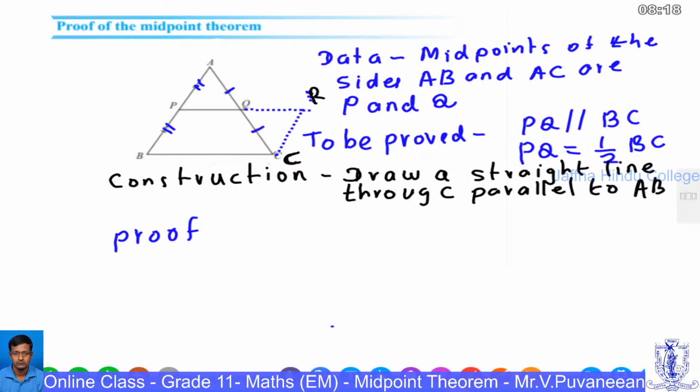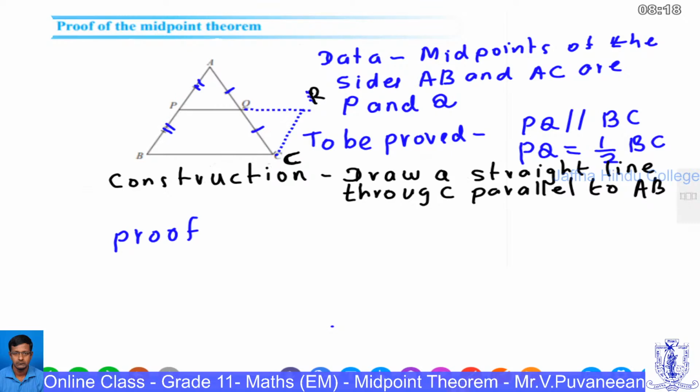And we can say AP equals CR, also corresponding elements of congruent triangles. PA equals CR and PA equals PB. So we can say CR equals PB by axiom.